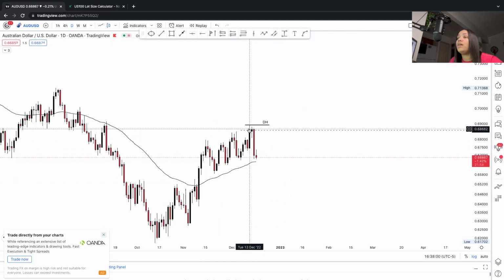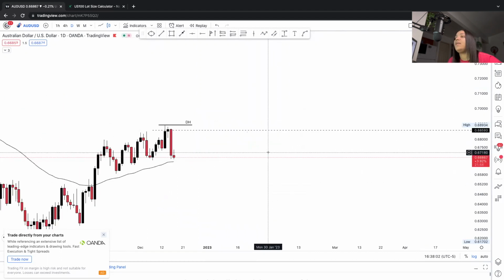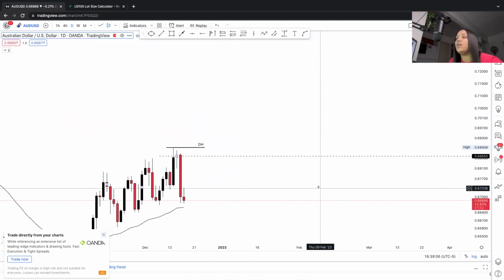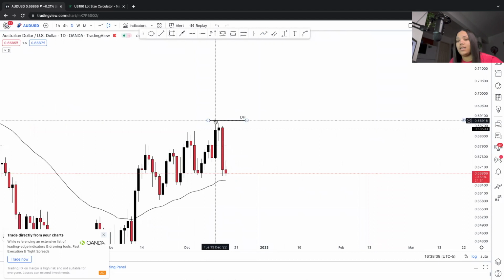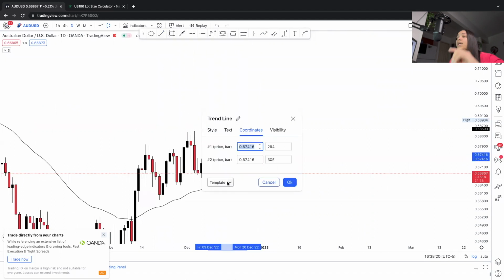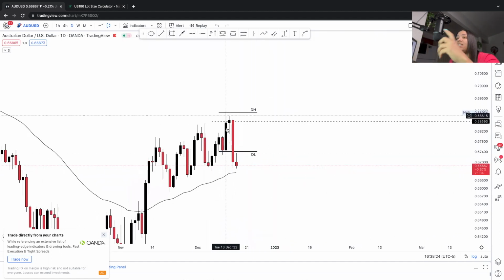If price had closed above this whole candlestick, it would have given me an indication that the high had been broken. So I use that as my daily high, and I use this as the daily low right here. So I got my daily high and my daily low.